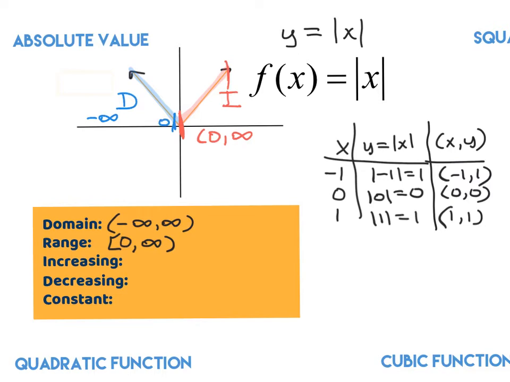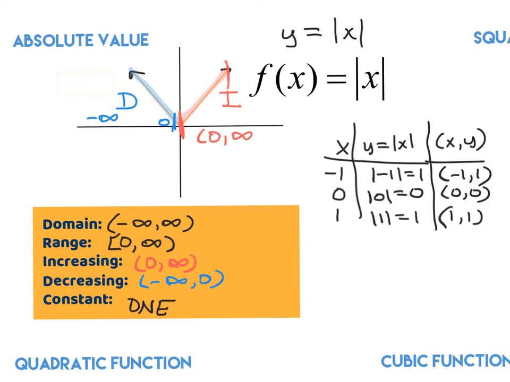So increasing will be from 0 to infinity, and the decrease is from negative infinity to 0. All parentheses. If you put brackets on the test, I'm not going to mark it wrong, but this textbook and WebAssign's looking for parentheses. The constant DNE, does not exist.